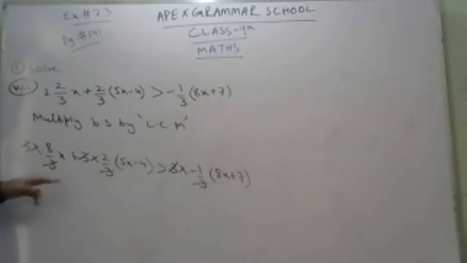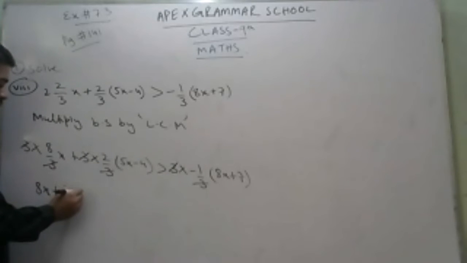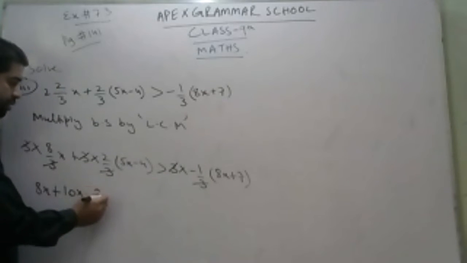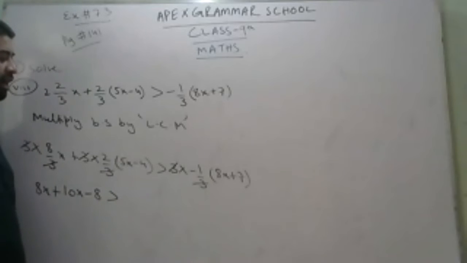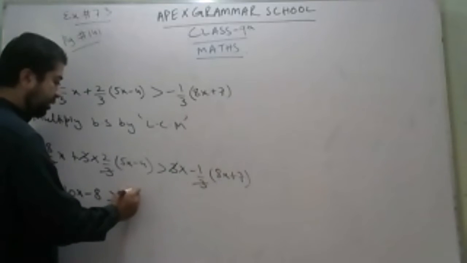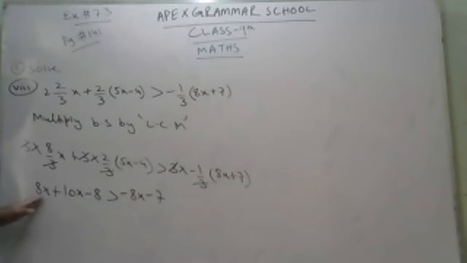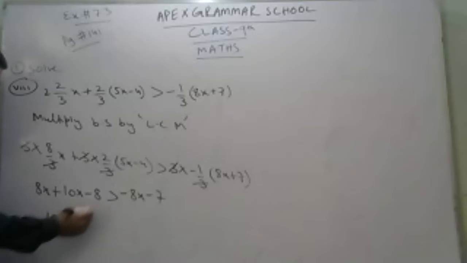Then this is 8x plus this 2 multiplied inside, 5 by 10, 10x minus 8, greater than, and the negative sign goes inside, making minus 8x and then minus 7. Now 8x plus 10x makes 18x, and this negative 8x will be there.